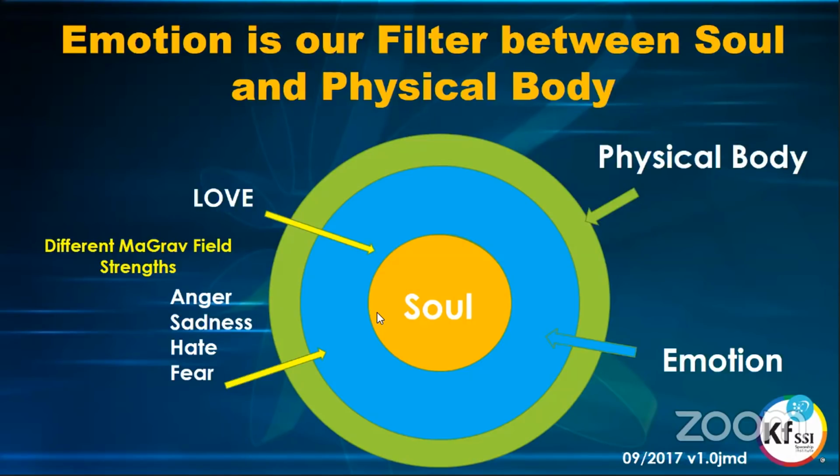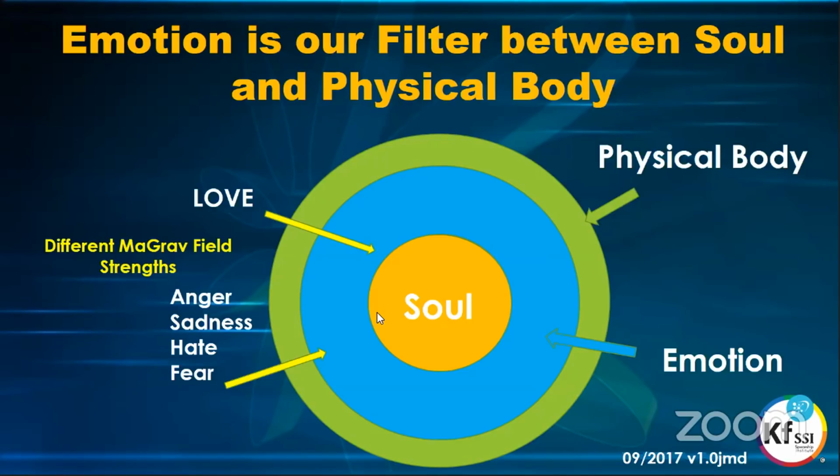As we discussed in some previous workshops, the soul is the giver and it just wants to give love. And often when we build up emotions of anger or sadness or hate or fear, it creates a filter between what's coming out and what's going back in.